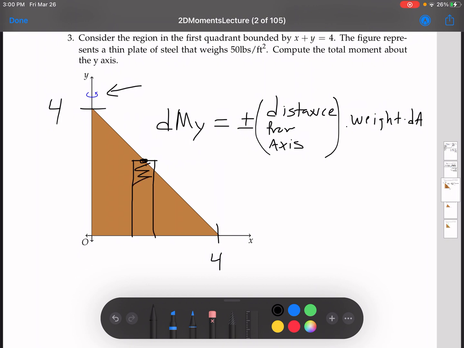So if you're rotating about the y-axis, then you want a rectangle that's parallel to that axis. If we were rotating around the x-axis, then we want a horizontal rectangle, a rectangle that is parallel to the x-axis. But since we're rotating here about the y-axis, we want a rectangle that is parallel to the y-axis. That's what I've drawn here.